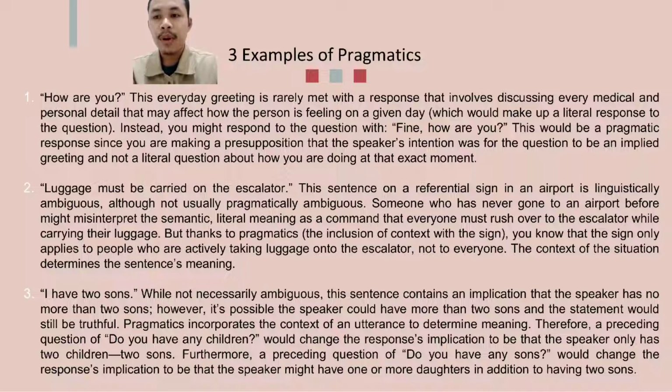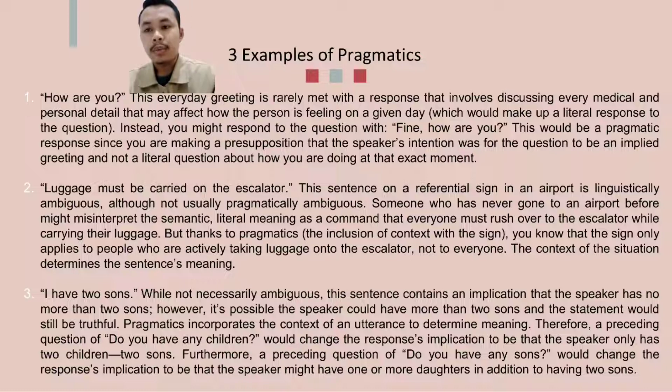Pragmatics incorporates the context of an utterance to determine meaning. Therefore, a preceding question of "Do you have any children?" would change the response implication to be the speaker only has two children, two sons.